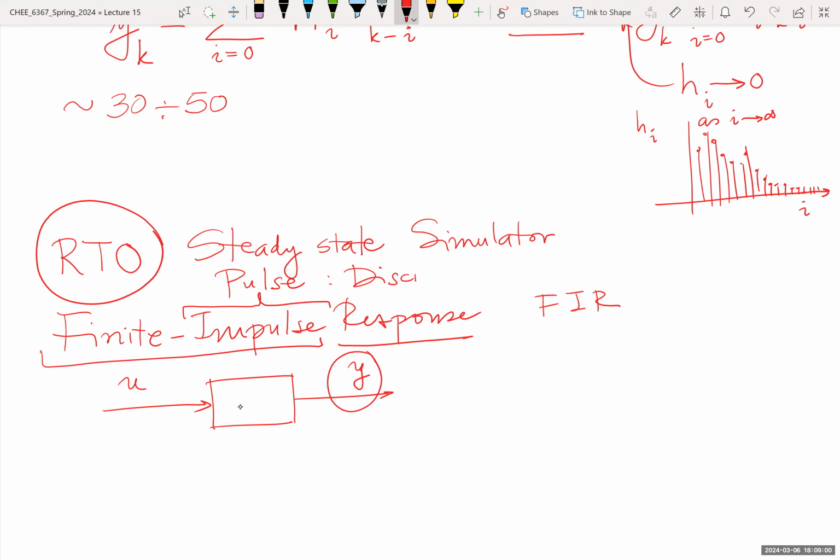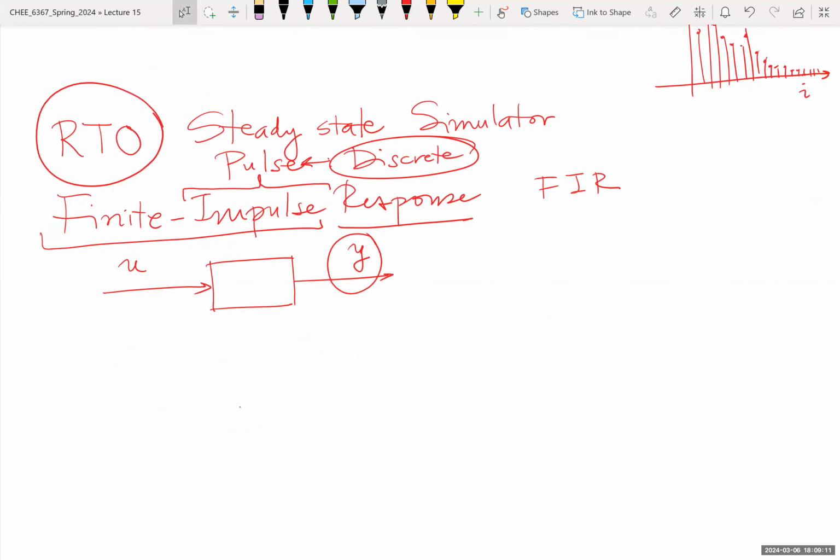So we'll use it here universally with the understanding that this is for discrete, impulse is for continuous. So let's say an example. First order system, y(k+1): the next value depends on the previous value of the output, plus the previous value of the input, weighted by a and b.